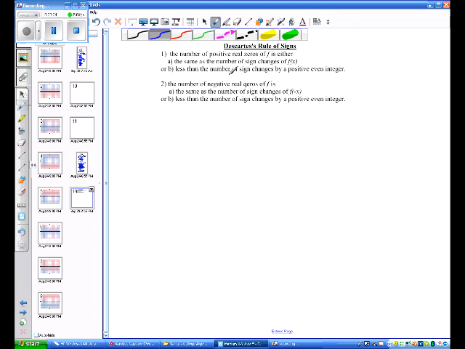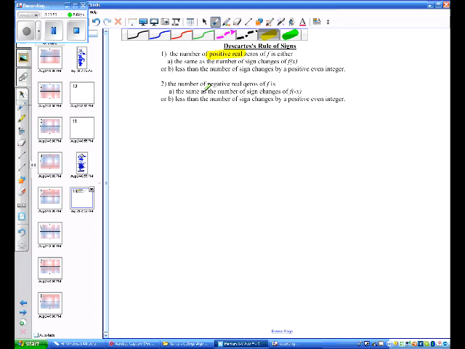It says that the number of positive real zeros, notice that it's positive and real, not rational, this isn't the rational root theorem, is either the same as the number of sign changes of the function, or less than the number of sign changes by a positive even integer. So you would start subtracting 2 and go down, and you will know how many positive real zeros you have.